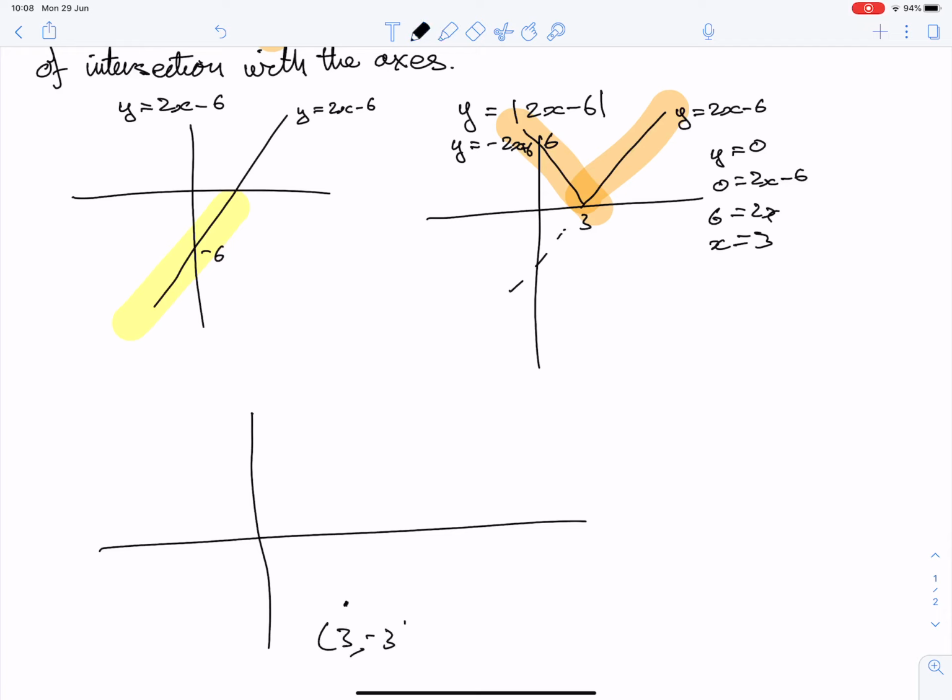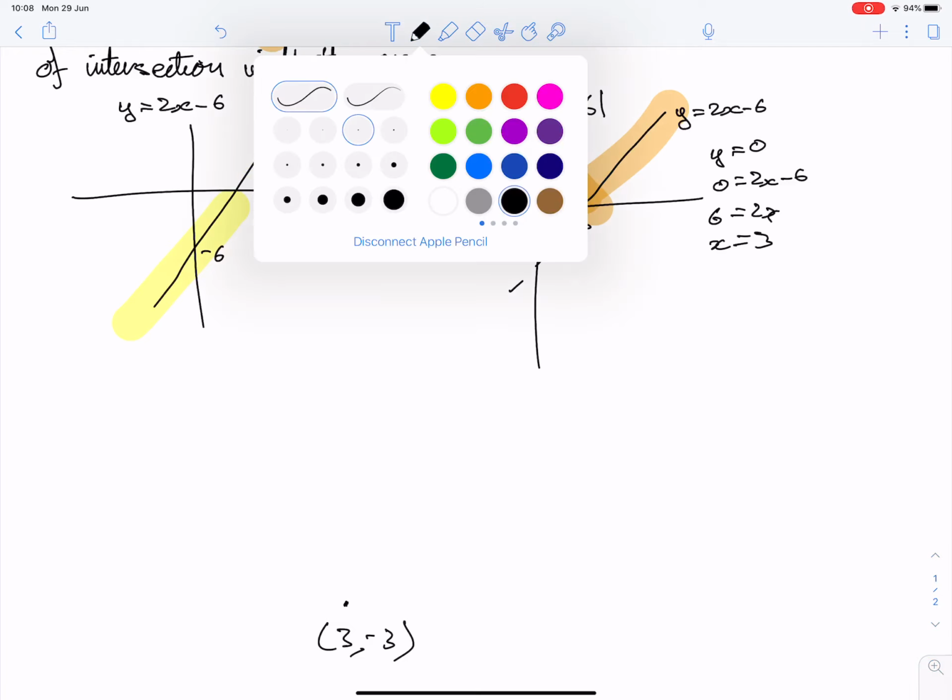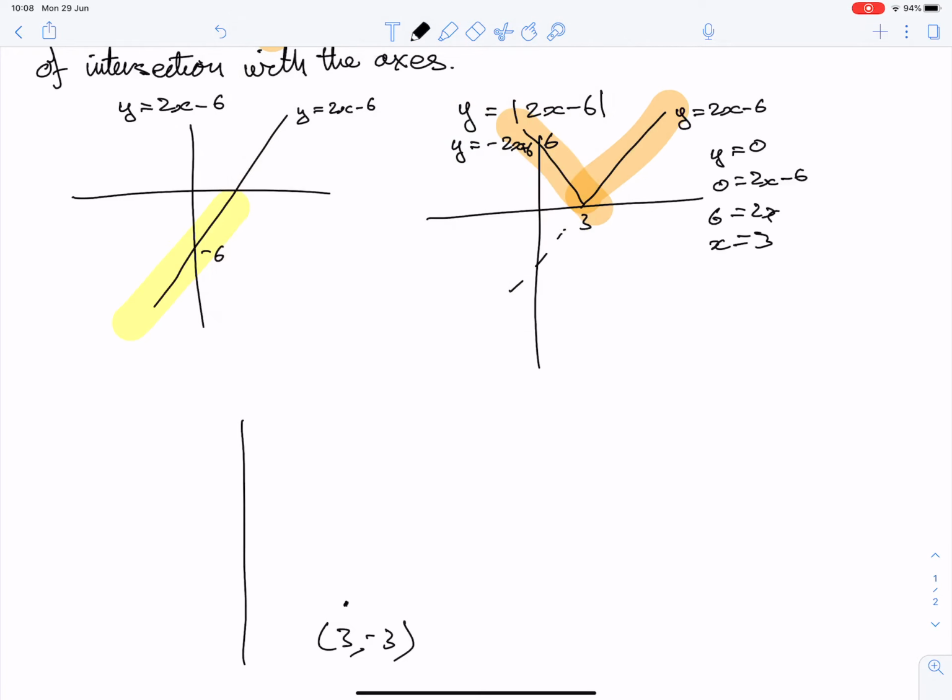3, negative 3 rather, and then we've got our line. So we've got there and here. So this is at 3, negative 3.